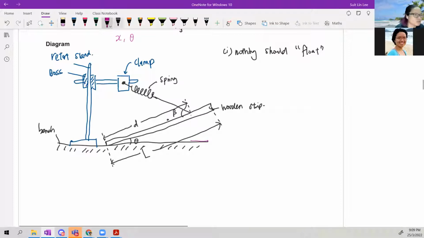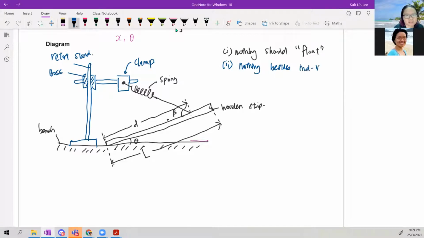So first, nothing should float. The second one could be nothing besides the variables. Your independent variable and your dependent variable should be the only things that change throughout the experiment, which means do not add other things that will affect the experiment.